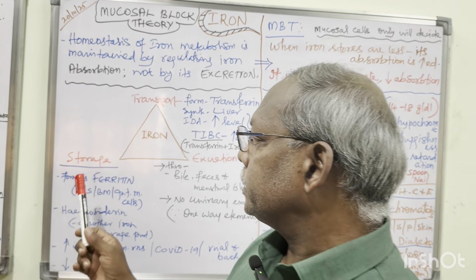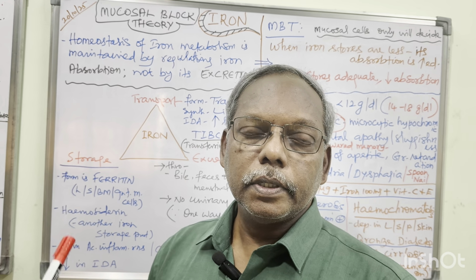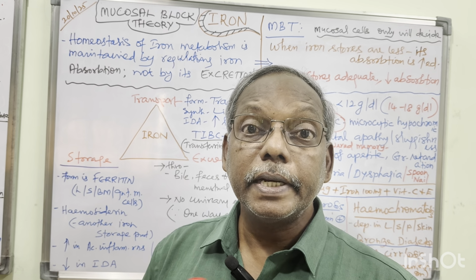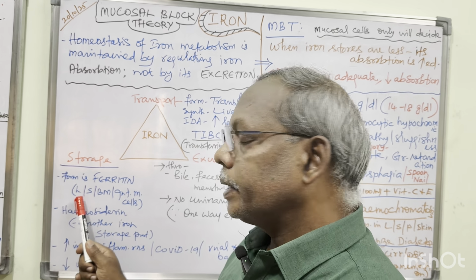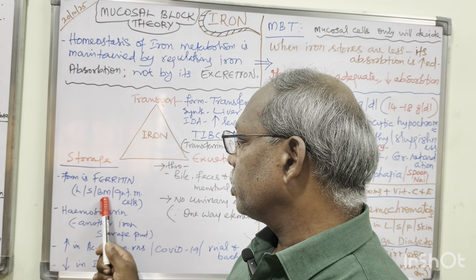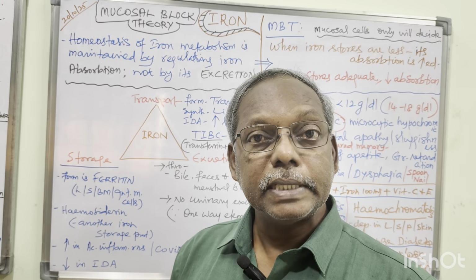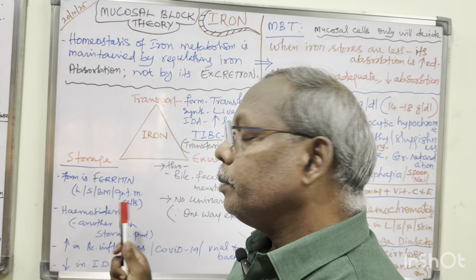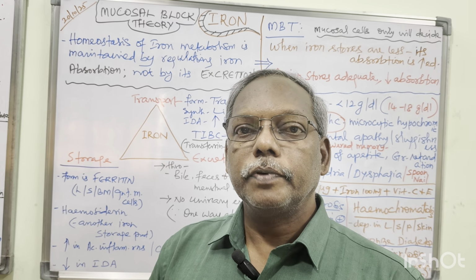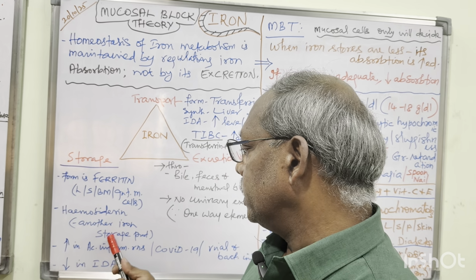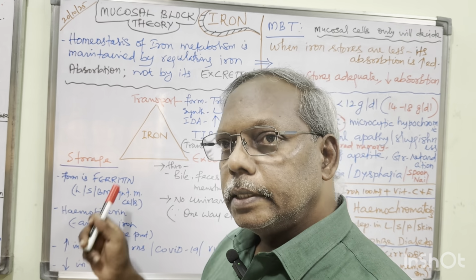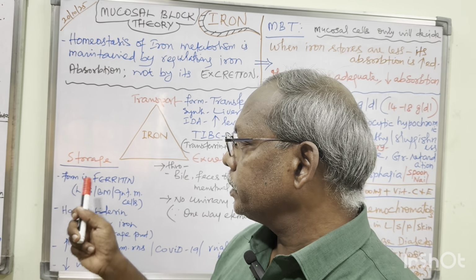First one is storage. The storage form of iron is ferritin. So it is stored in liver, spleen, bone marrow and intestinal mucosal cells. Hemosiderin is another storage form of iron, which is also present in the liver.